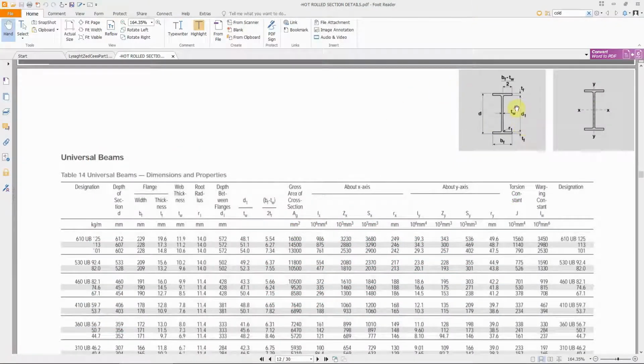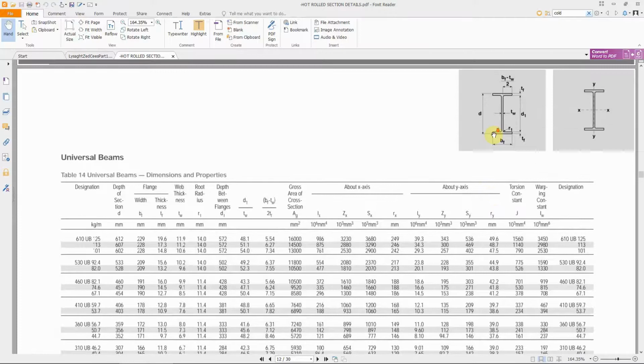members, in terms of the shapes, universal beams are known to be narrow and deep. When we say deep, you see that value D, that's usually referring to the depth. B is for the breadth. So they are usually narrow and deep.